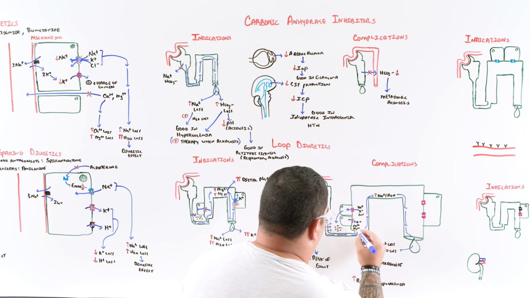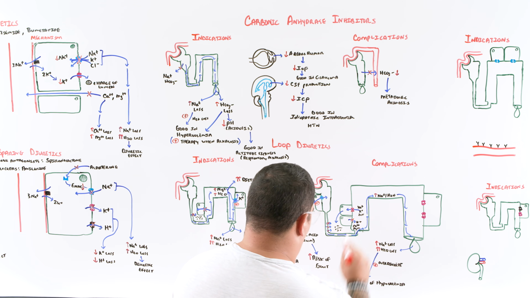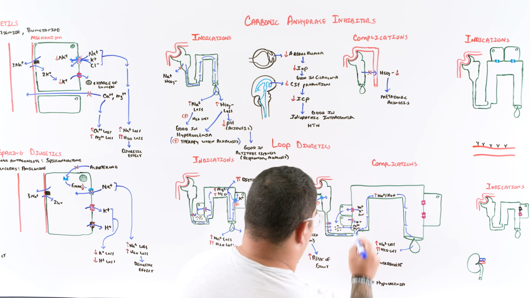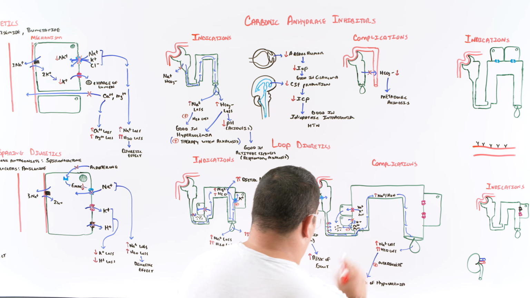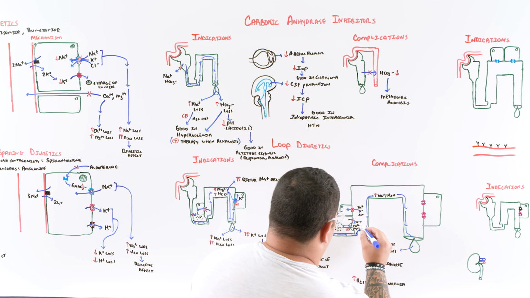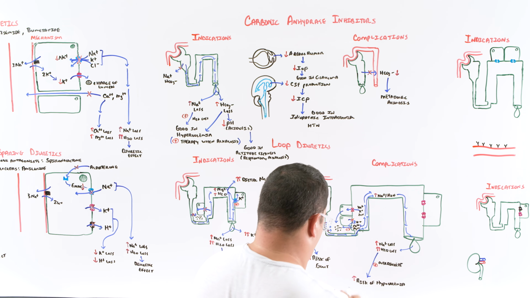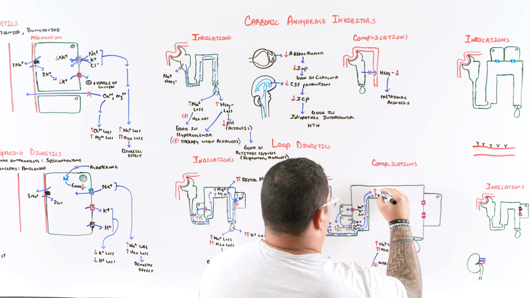So what ends up happening now is that this inhibits these guys from getting reabsorbed. And if you inhibit this reabsorption, that calcium and magnesium ends up getting dumped into the urine.